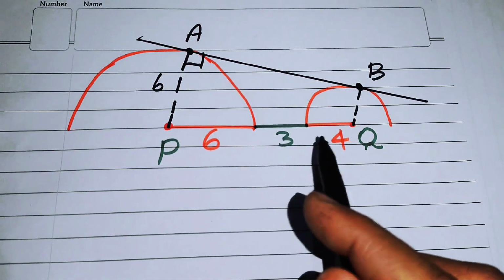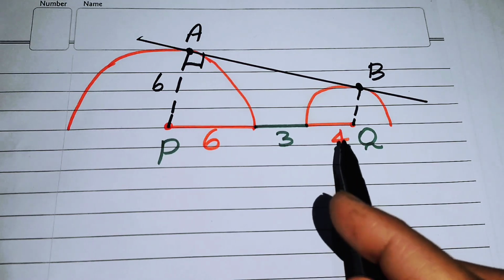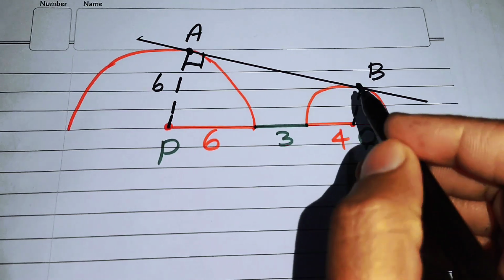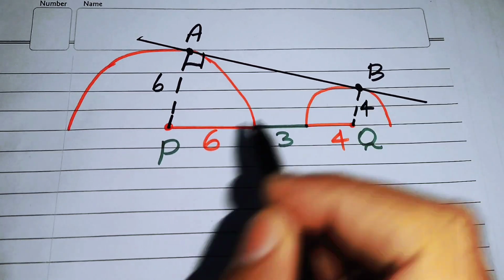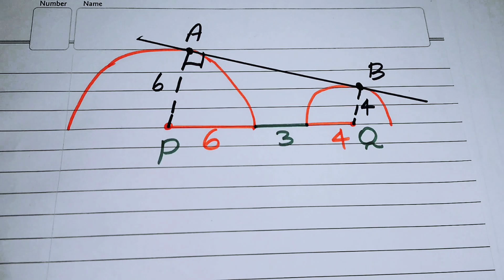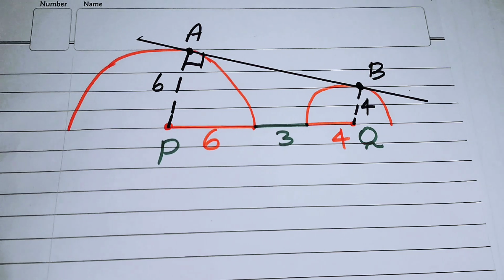And similarly, if the radius of the smaller circle is 4, then this radius is also 4, because the lengths of all radii in a circle are equal.